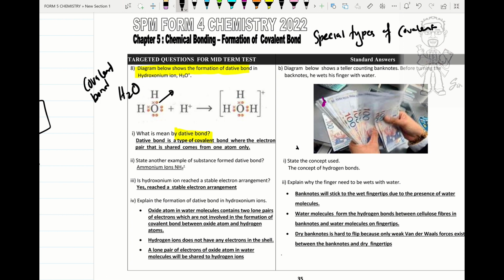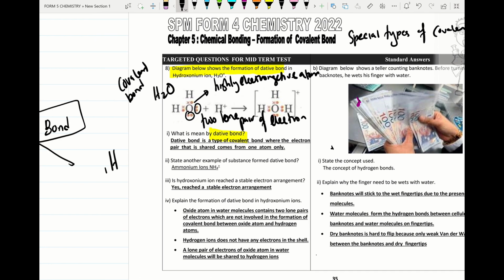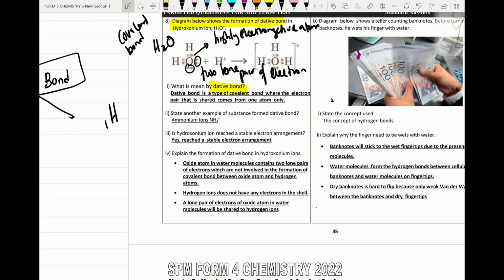The oxide atom is highly electronegative and also contains two lone pairs of electrons which can be shared to the hydrogen ion.